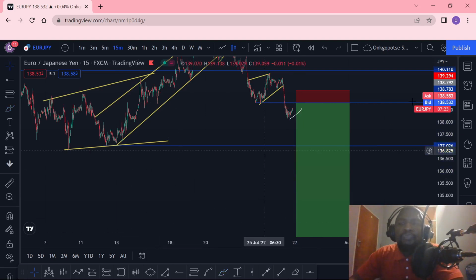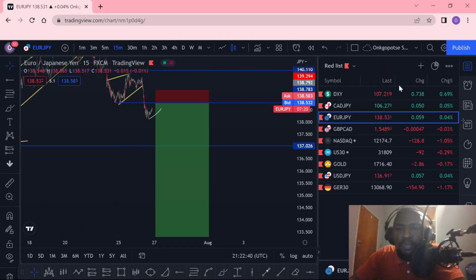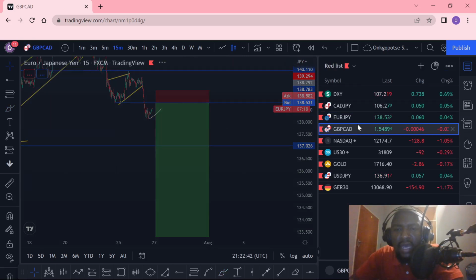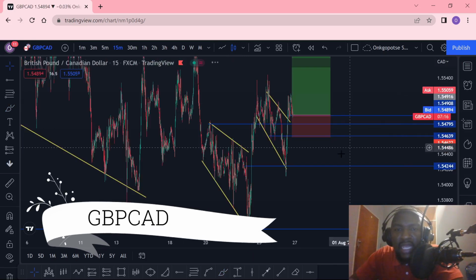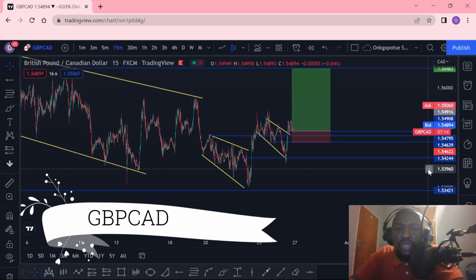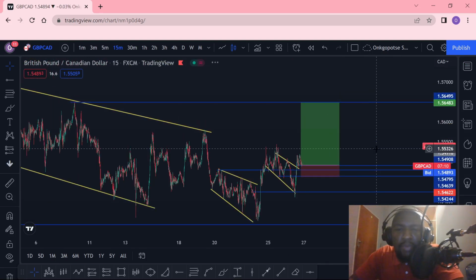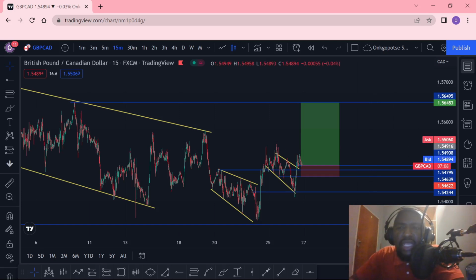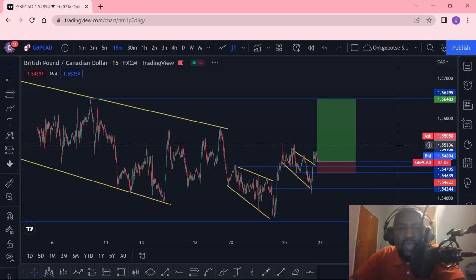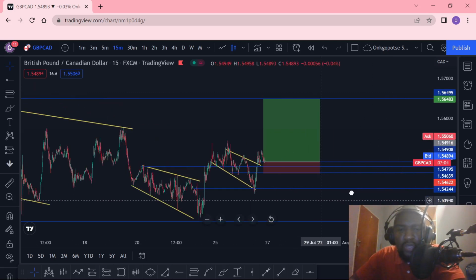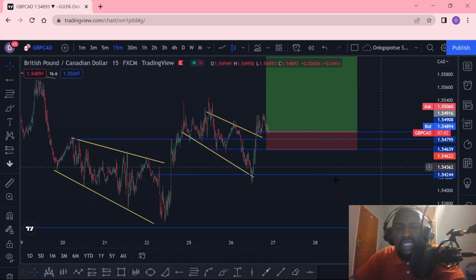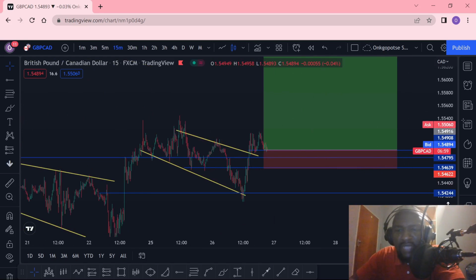So now let us move to another pair which we looked at, which was the GBPCAD. The GBPCAD is looking and shaping up nicely and respecting our setup based on price now looking to move the way we anticipated, right? So we simply saw that price is shaping up nicely towards the upside.